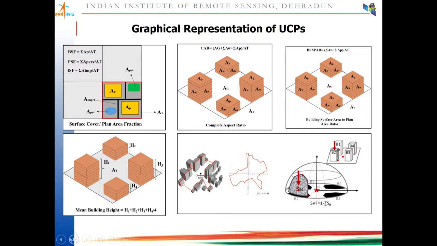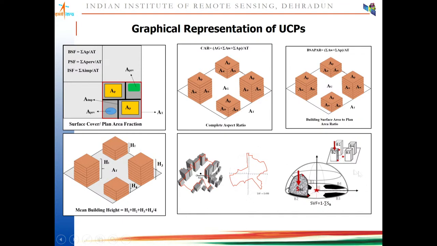Mean building height is the mean height of the buildings in a particular grid area, and then there is the sky view factor. All these parameters have an impact on energy exchange, on how these rough surfaces interact with the atmosphere. They have an impact on UHI, temperature profiles, and even wind profiles. So all these are affected by urban canopy parameters.